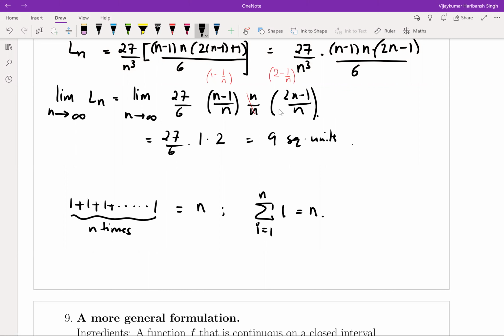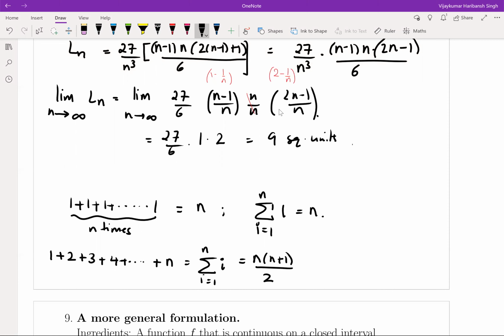Now similarly you have 1 plus 2 plus 3 plus 4 all the way until n. This is written as the summation of i for i going from 1 to n, and this sum is given by n times (n plus 1) divided by 2.